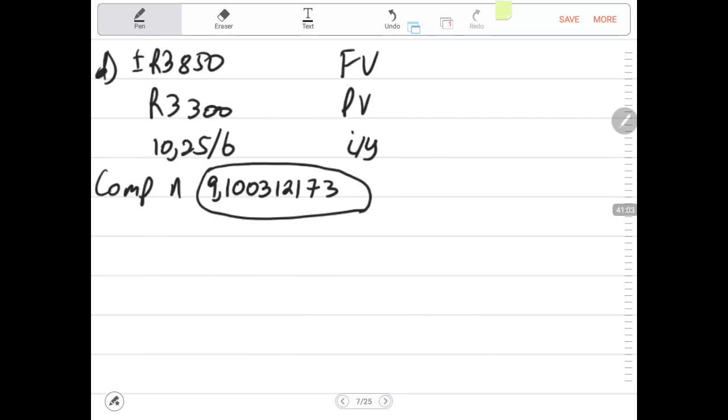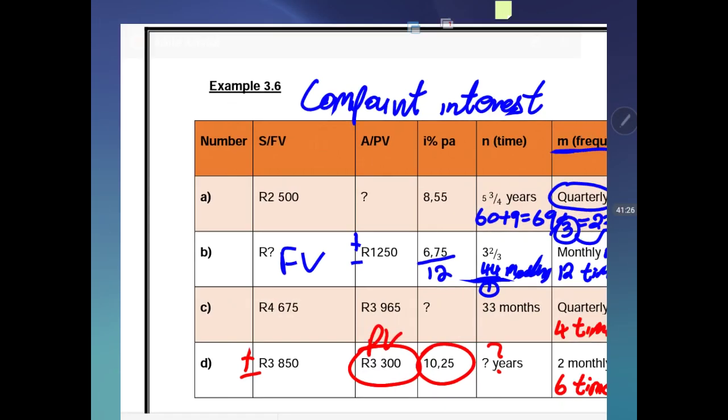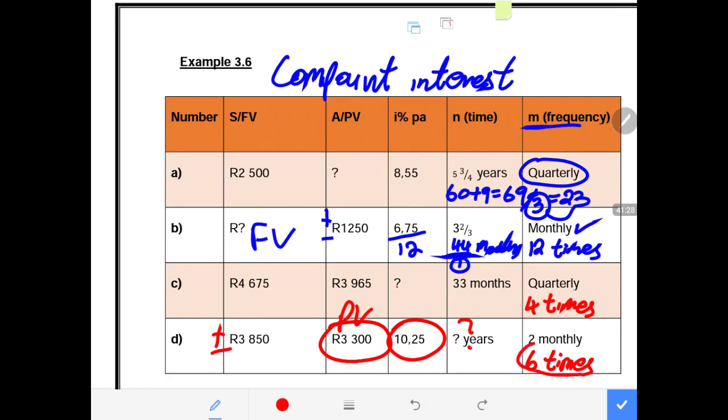That is exactly what I mean, that we have this 9.100, which is the number of times the interest will be compounded, and we multiplied by the number of times the interest was compounded in order for us to get here. That is why now we need to divide by the number of times the interest was compounded, which in this case is 6 times, compounded every 2 months.